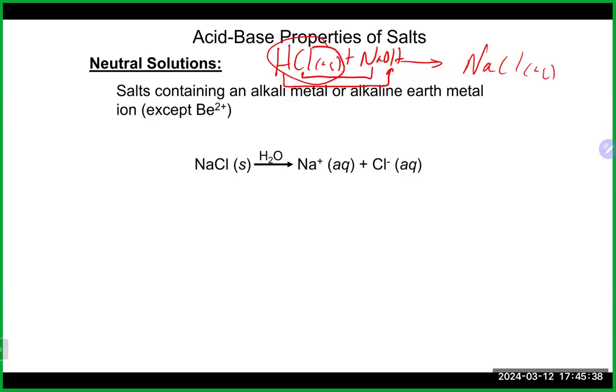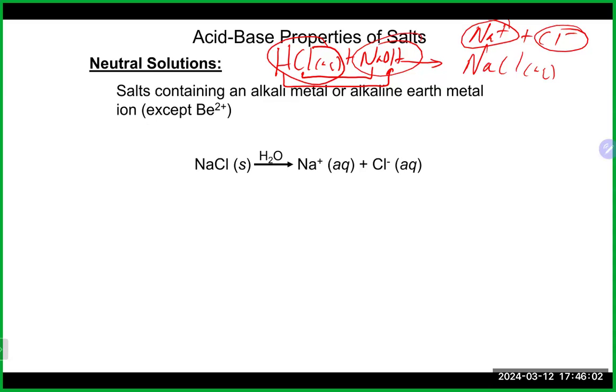Hydrochloric acid is a strong acid, which means when we look at the sodium chloride here, its partner there is Cl minus, and it's going to be relatively weak, which means it will not continue to react with water. Really, the sodium comes from something like sodium hydroxide, which is also a strong base, which means it's going to be weak as well, and it will not react with water.